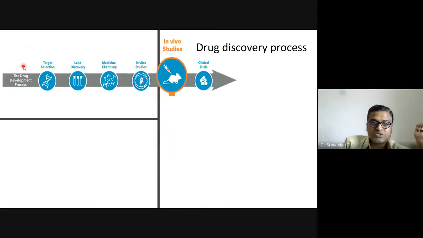So how it takes place is, as a researcher, I will select where exactly the problem is happening. Let's take the example of sickle cell anemia, where there is a gene in which a mutation has happened.